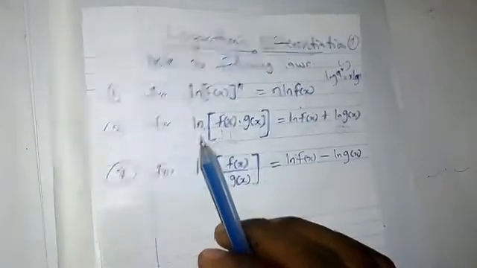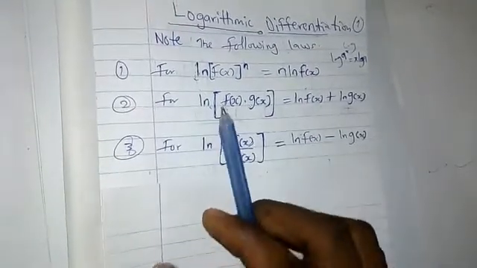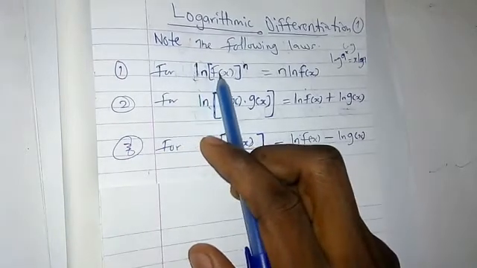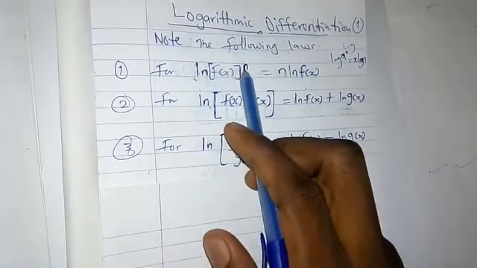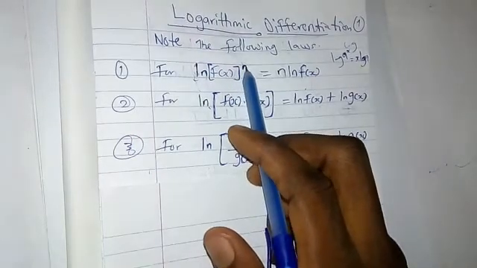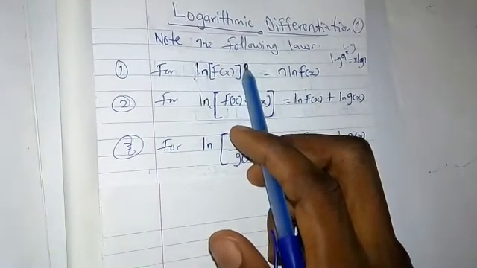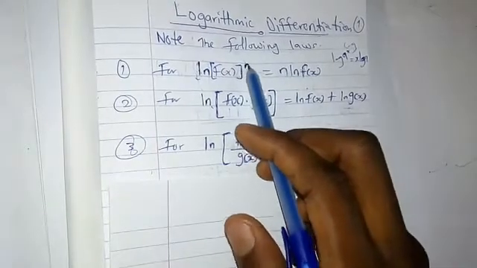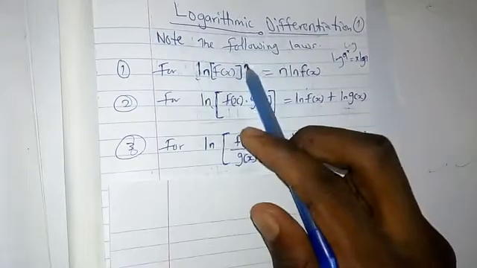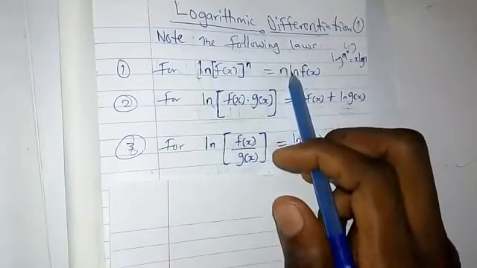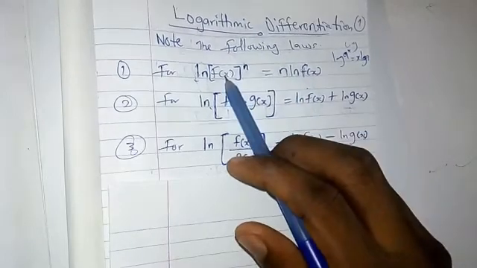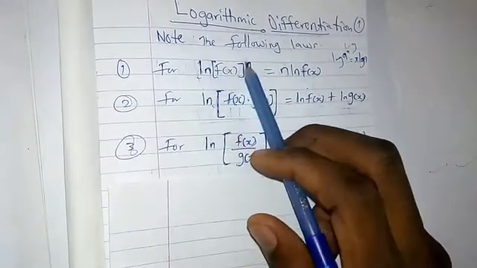So if a function is given to you and there is a log there, that is, if we are having natural log of f of x and the f of x is raised to the power of any function, again it may be an ordinary number or a function, just simply bring the power down, that is, multiply by the power, multiplied by natural log of the function, that is ln f of x raised to power of n.